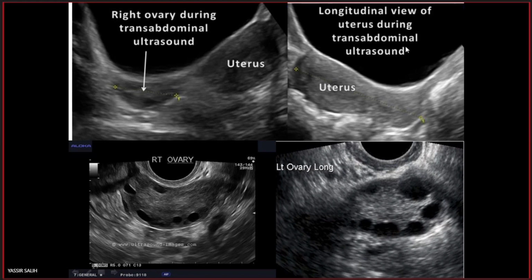But this is transabdominal ultrasound. من نشوف الفلويد in the urinary bladder, transabdominal ultrasound, longitudinal or sagittal.